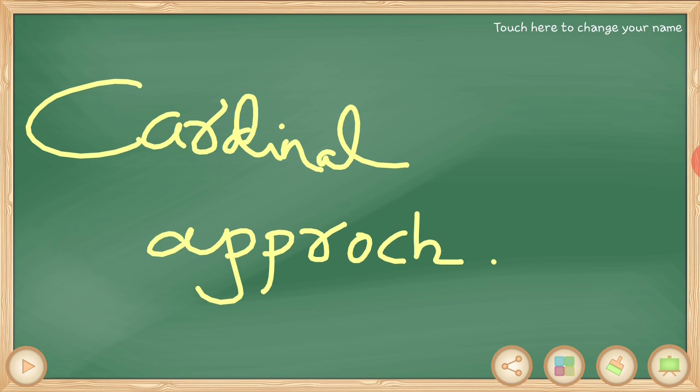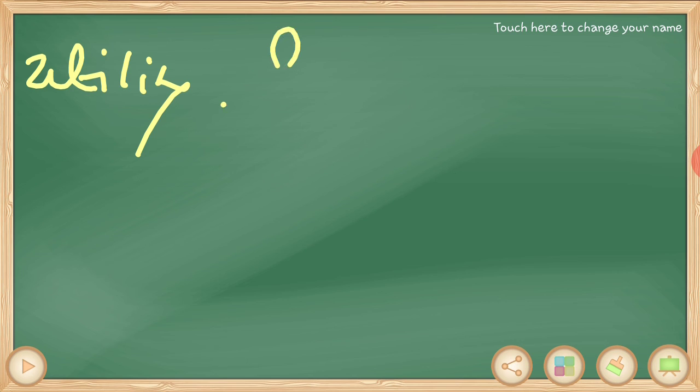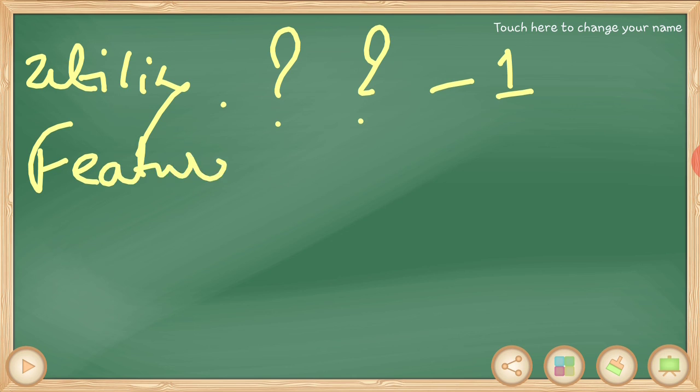Yes, too many questions are there. Whatever we discussed here, see here: what do you mean by utility? Who developed the concept of utility, who popularized the concept of utility? These are for 1 mark questions, and features for 2 or 4 marks questions. Is it clear?